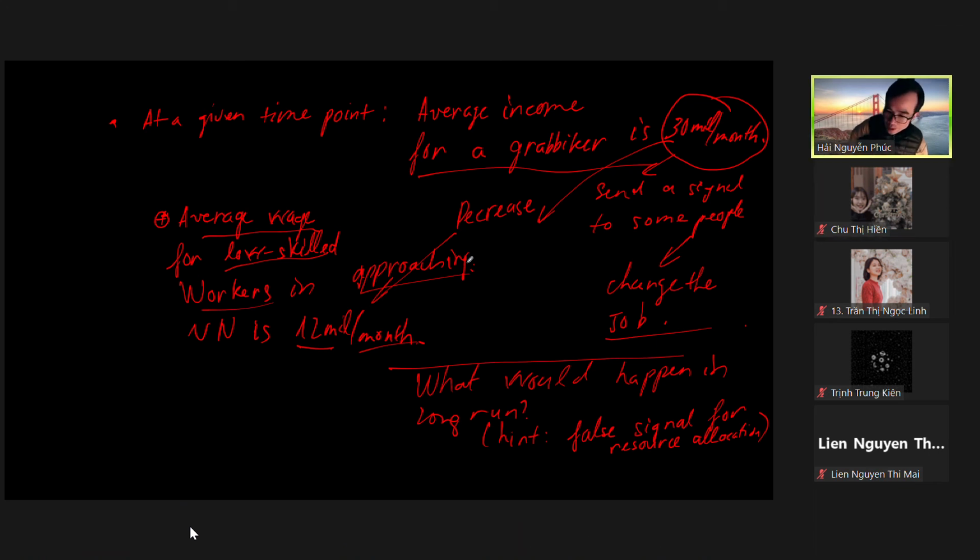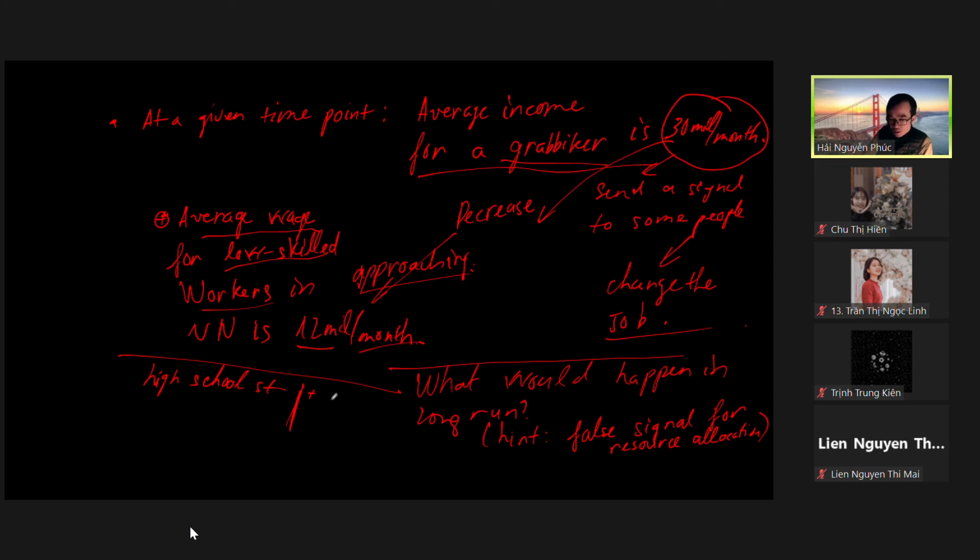So why do I say sometimes it sends a false signal? Imagine the following case. Let's take a look at a high school student. You can see that when he observes the wage of 30 million per month in the Grab biking business, he has two options.